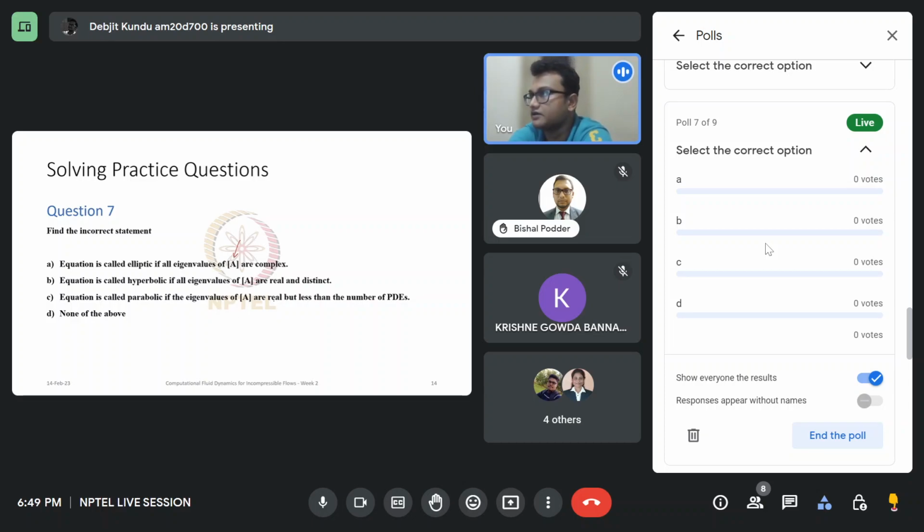Or is it option D, none of the above? So among these 4 options, there is one wrong option, and you have to find that out. Anyone saying anything? None of the above, option D.